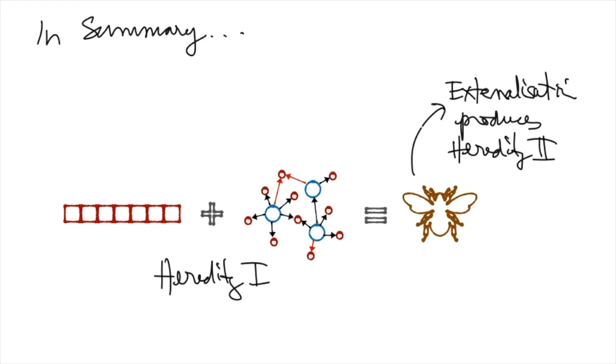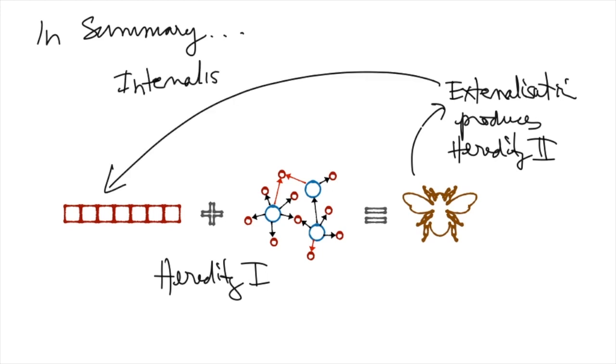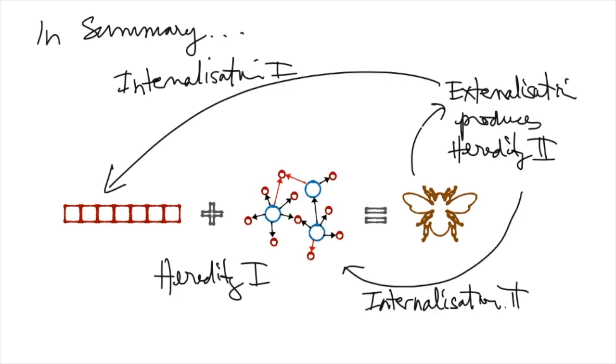Extended evolution, or XEVO for short, includes the environment, which is modifiable by phenotypes, as a source of evolutionary persistence along with genes and the regulatory network. When heredity 2 modifies the genotype, we have internalization 1. And when heredity 2 modifies the regulatory network, we have internalization 2.